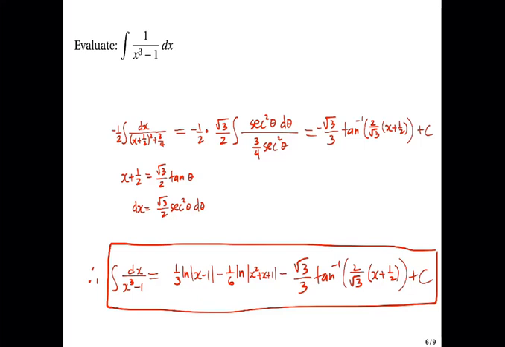So again, let me rewrite this as minus 2 over x plus 3 over x squared plus 2x over x squared plus 4 minus 11 over x squared plus 4 dx.